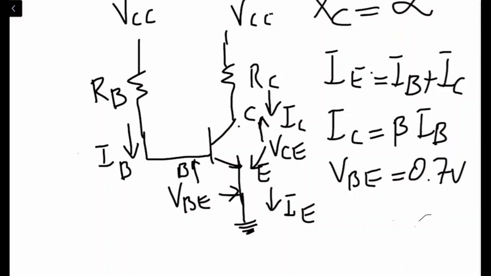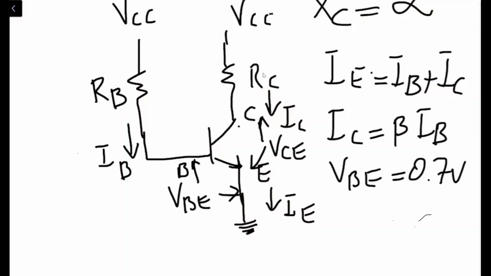Now, once we have this circuit, from our previous knowledge, IE is equal to IB plus IC, as well as IC is equal to beta times IB, and we also know that VBE is equal to 0.7 volts. Once we look at the circuit, we can figure out where the base current, the collector current, and the emitter current are flowing.